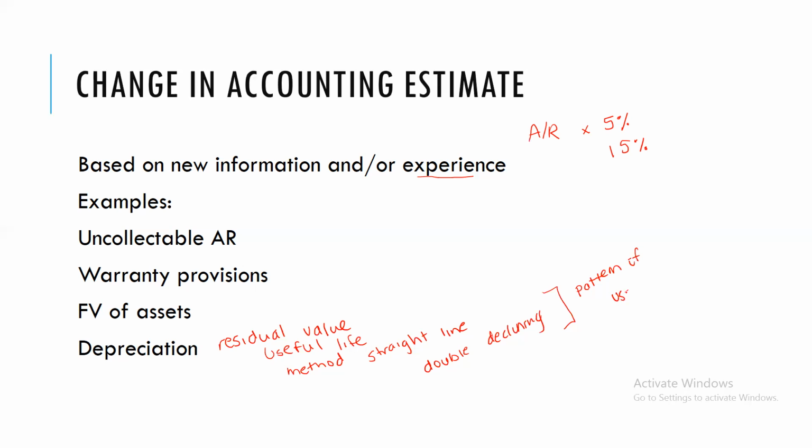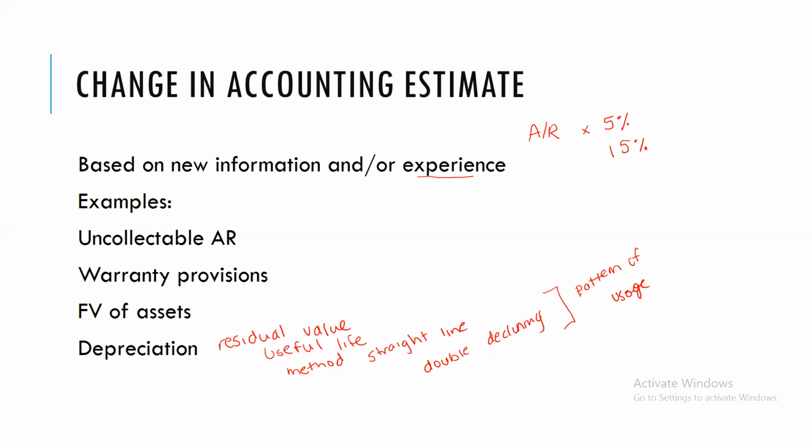So you would use straight line if you think that the asset's going to depreciate at the same amount each year, or you use double declining if you think that the asset's going to depreciate faster at the beginning of the years and slower at the ending years.